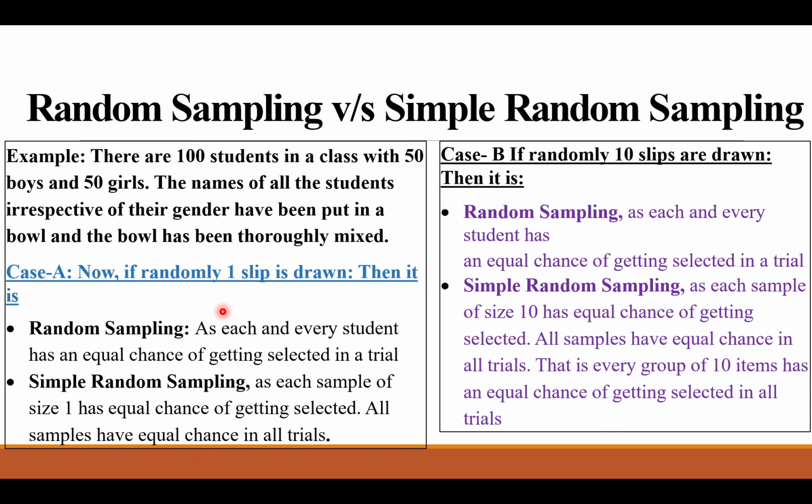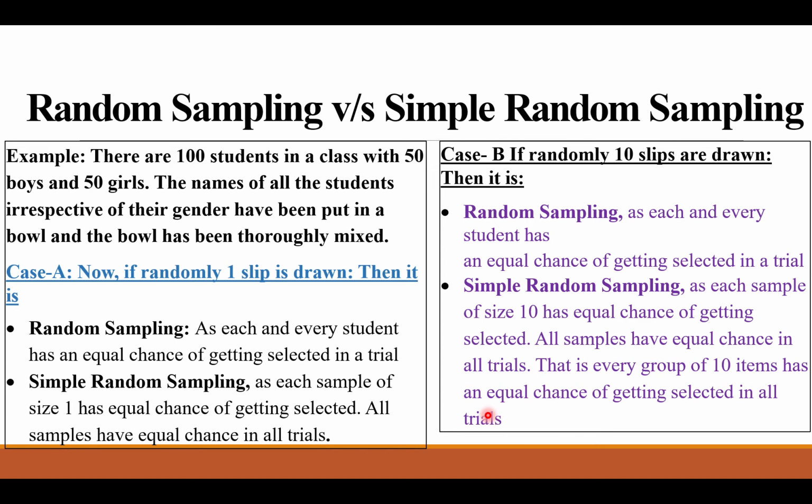But it would be simple random sampling when each sample of size 1 has equal chance of getting selected in all trials. So let us suppose we are taking case B. If randomly 10 slips are drawn, then it is called random sampling, where each and every student has equal chance of getting selected in a trial.